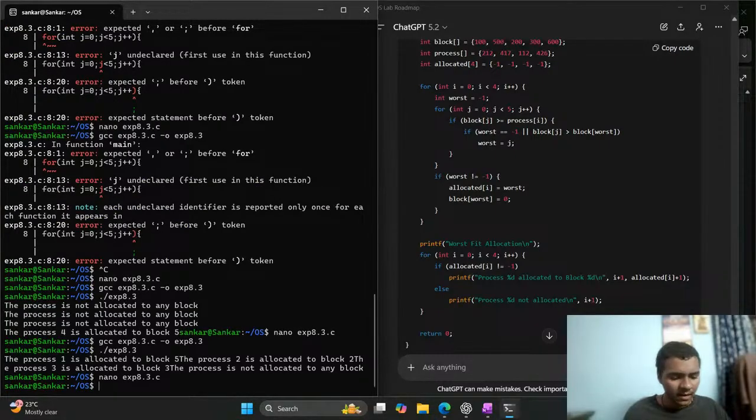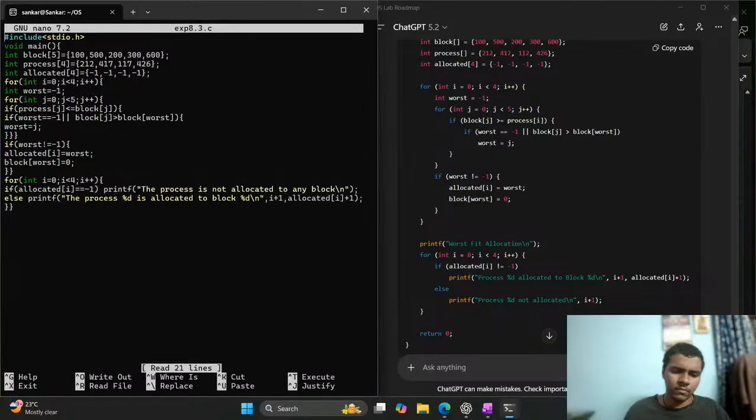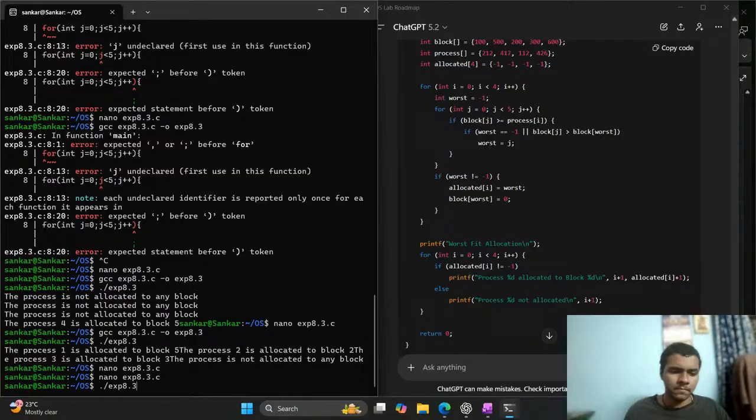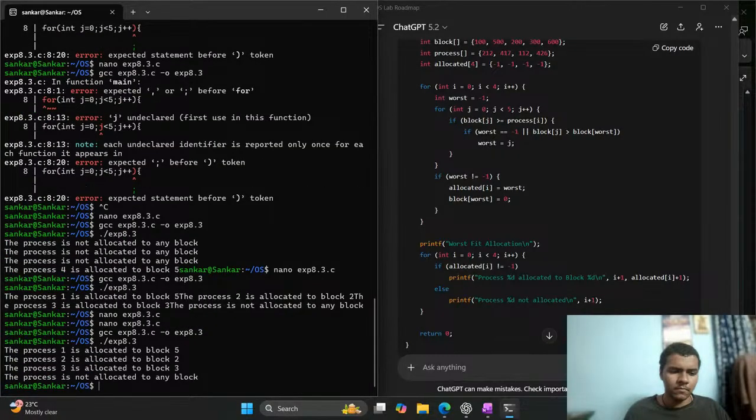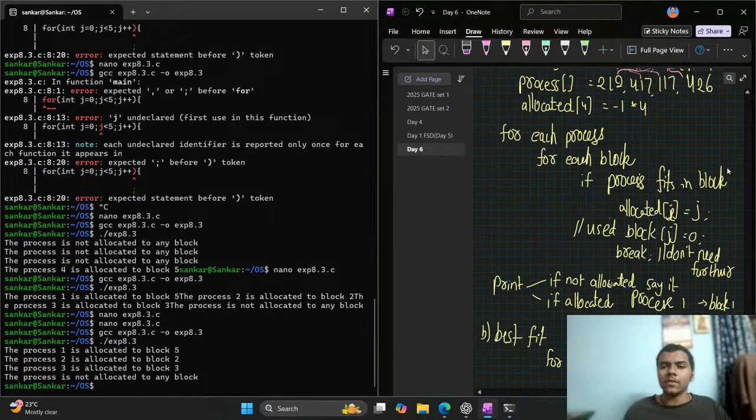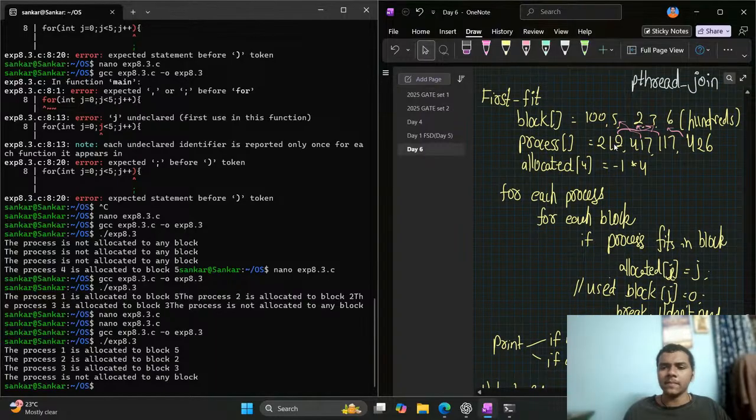Process 1 is allocated to block 5. Yes. Process 2 is allocated to block 2. Yes. Process 3 is allocated to block 3.